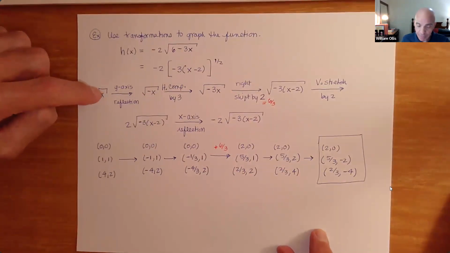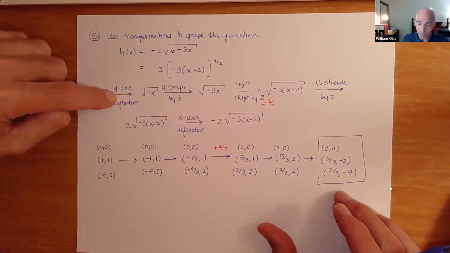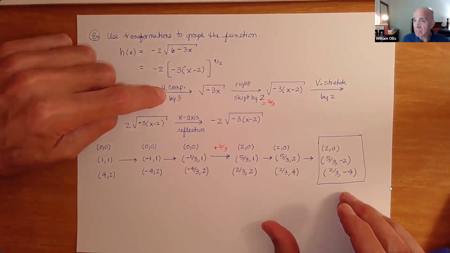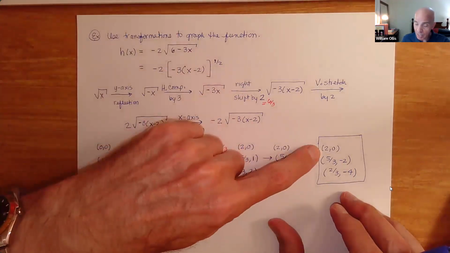Not a lot happens to that because it's on the axis. It's at the origin. And so when we do the y-axis reflection, nothing happens to it. Now, when we do the h compression by 3, nothing happens to it, the x coordinate. There's no change. But with the right shift by 2, we get a change.